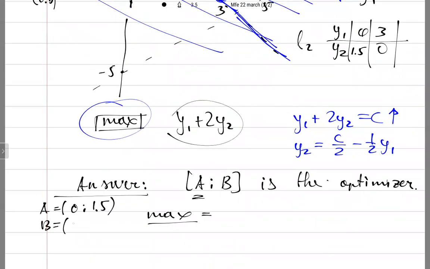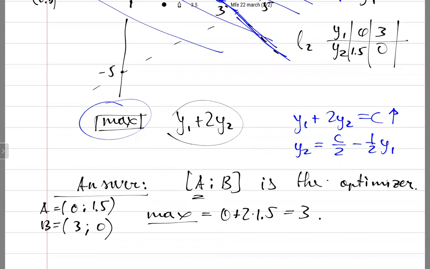B has coordinates 3, 0. I may plug in A, B, or any point in between. And I get basically 3. Okay, so we have solved the dual problem.